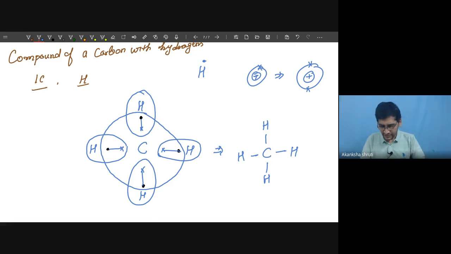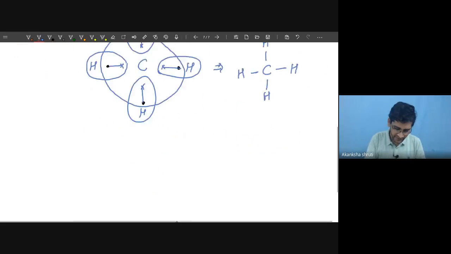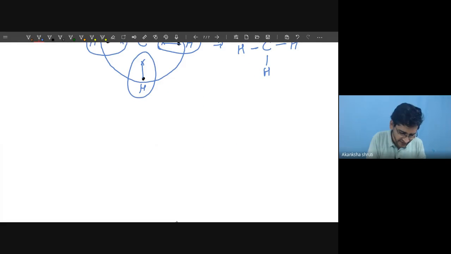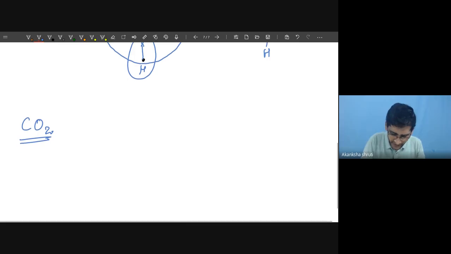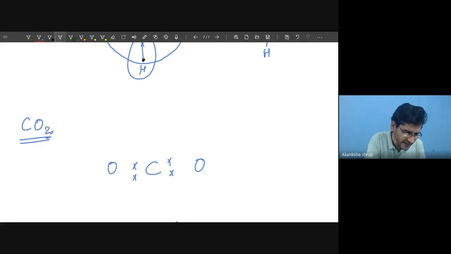Now, by this approach, how can carbon dioxide be represented? Earlier we had drawn carbon dioxide, CO2: the carbon has shared 2 electrons with one oxygen and the other 2 electrons with the other oxygen.